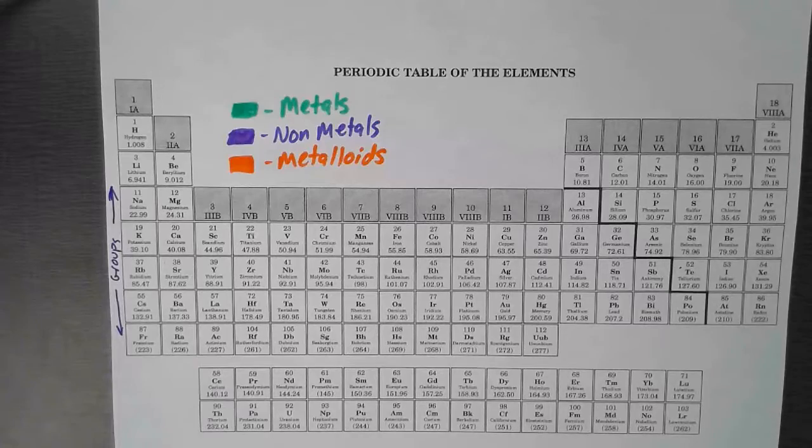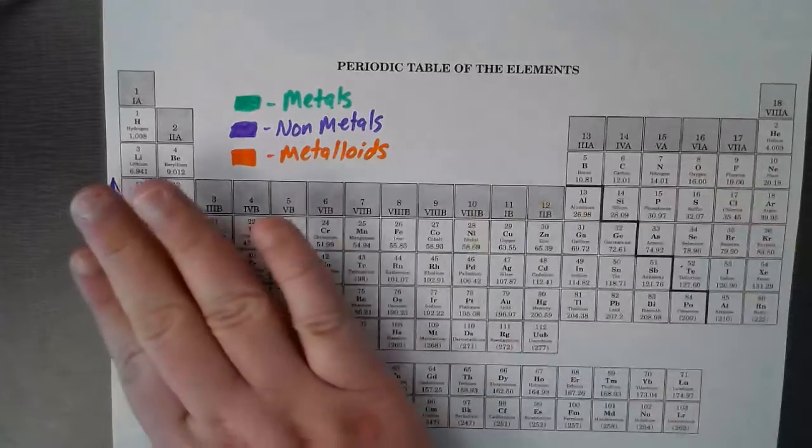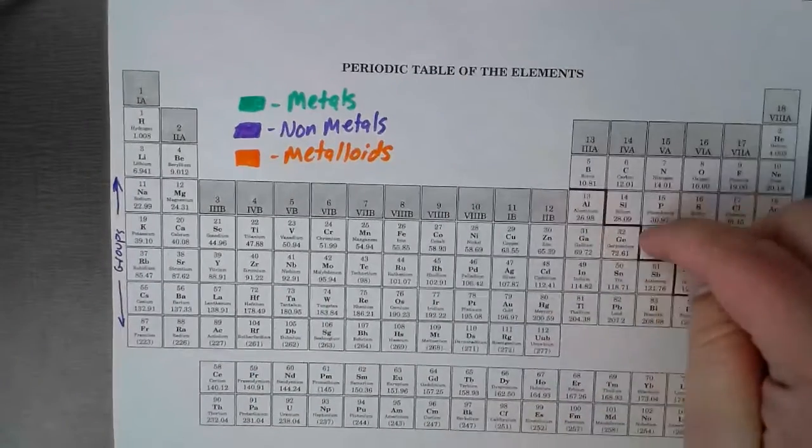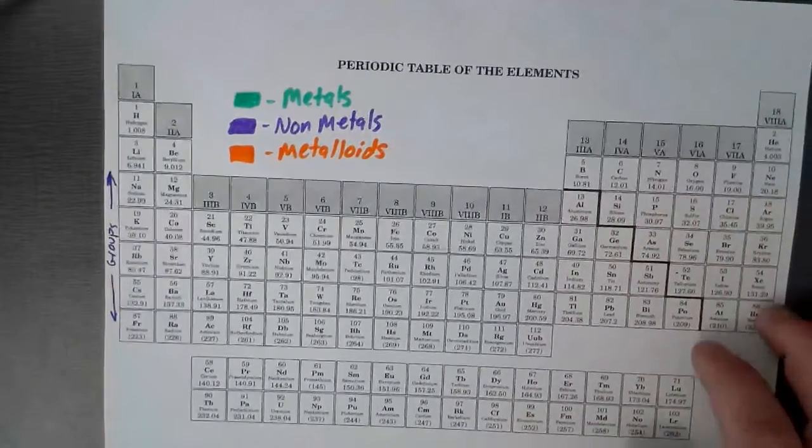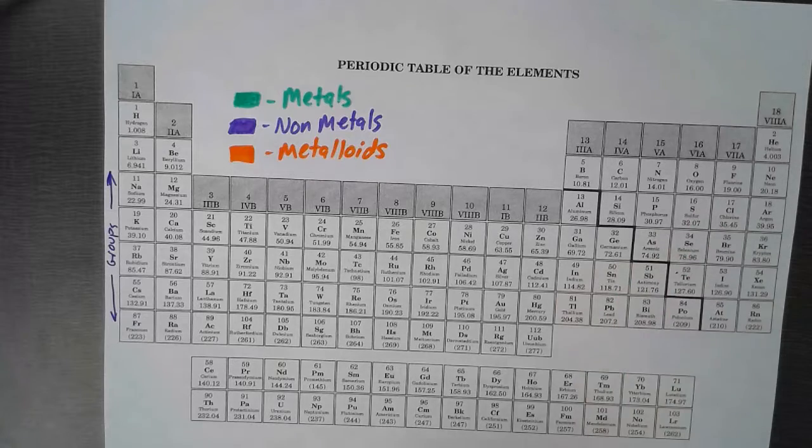Okay, so when we're looking at this, we're looking from one side to the other. We start with metals. This zigzag line right here is when we start to see our combination of metal and nonmetal, which gives us our metalloids. They're not metals, they're not nonmetals, but they have properties from both. And then to our nonmetals on the other side. The one exception to this is hydrogen.